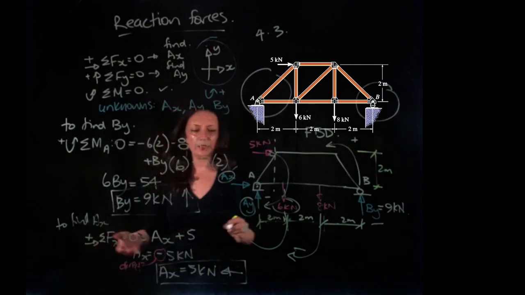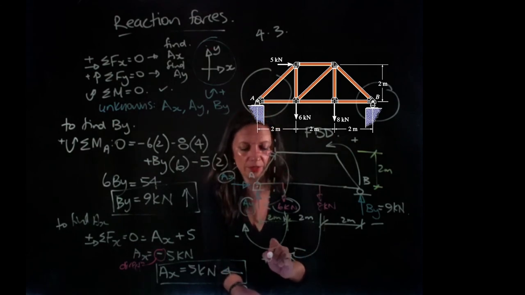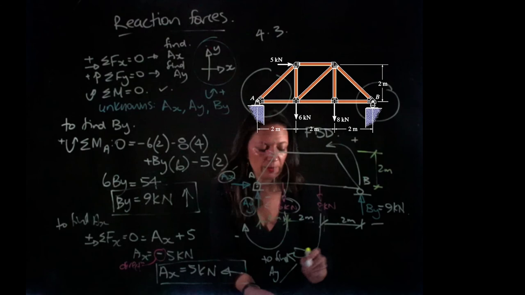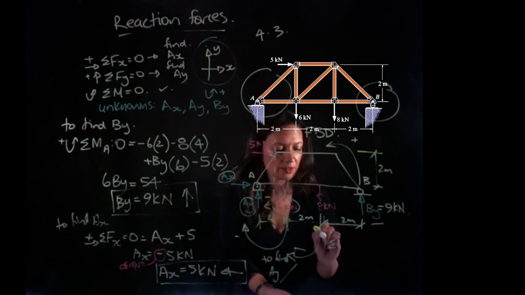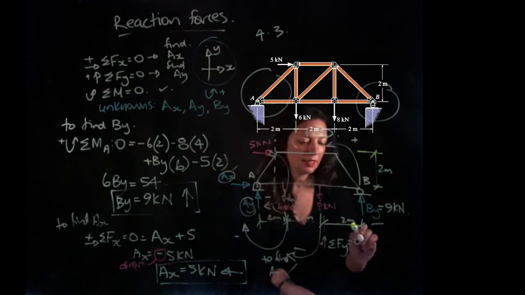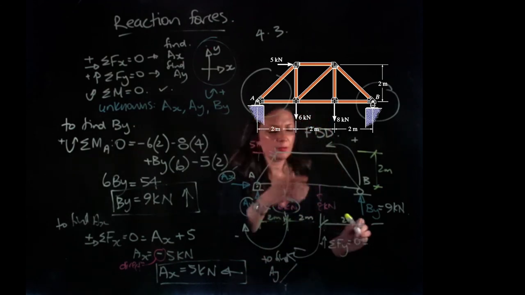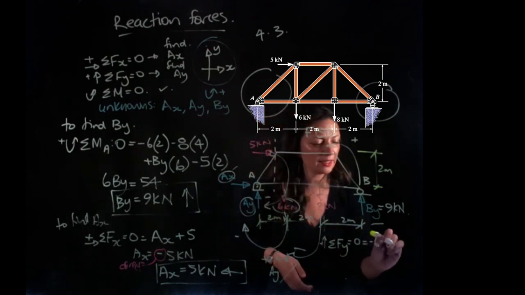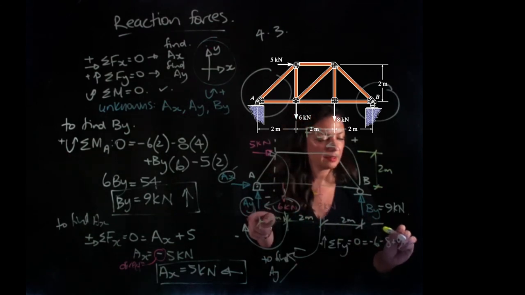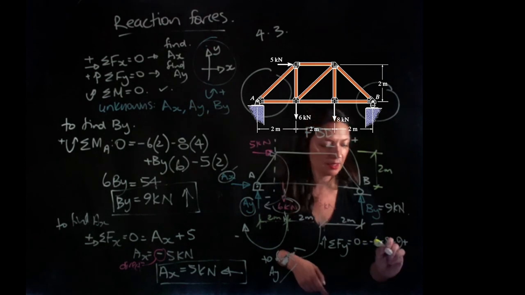Then finally, to find AY, we can say that the sum of the forces in the y direction equals 0. So what do we have in the y direction? We have minus 6, minus 8, plus 9, plus, you still see that? AY.